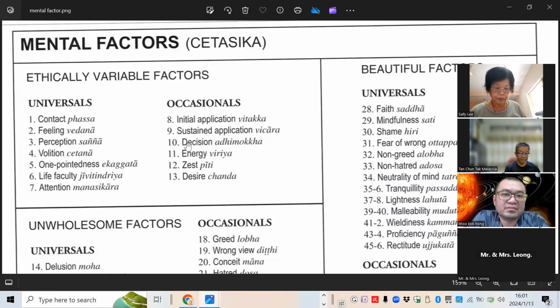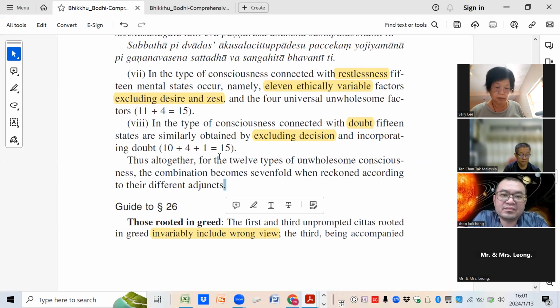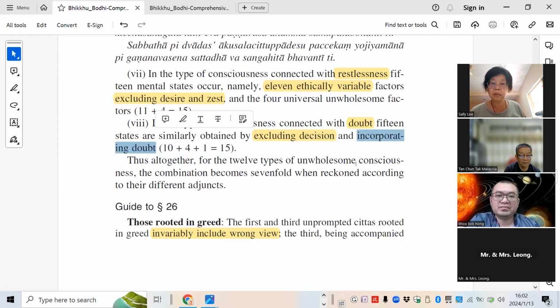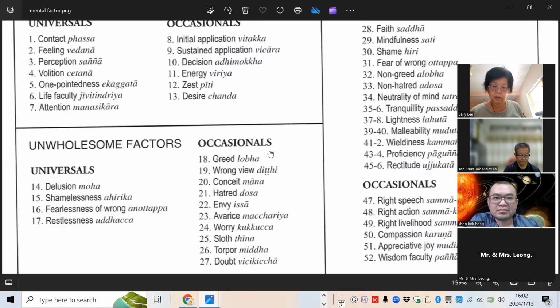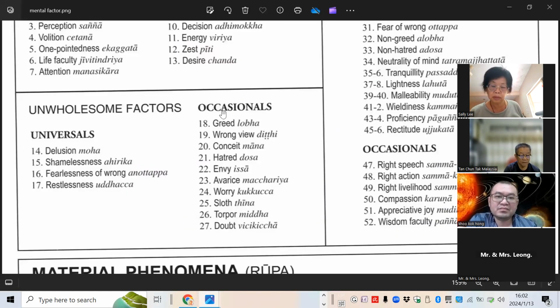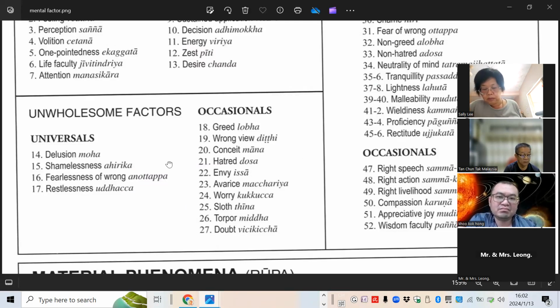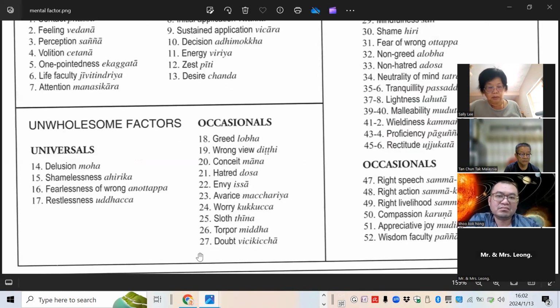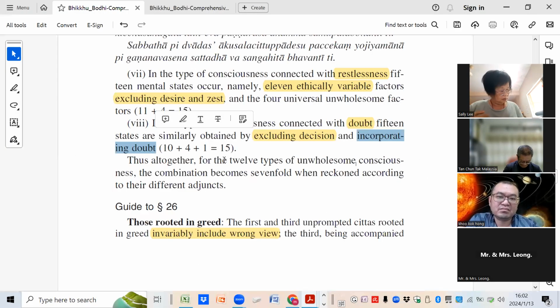Now we exclude the decision again, then we get the figure here. See? It becomes 10 already. We add the 4 back, which are the universals. But we have to add one more with the doubt. From the occasion, where is the doubt? Class, take a look. Number 27, occasion. Meaning to say that for the doubt, we minus the decision, but we add back the 27, doubt, here. So the figure comes back to 15.